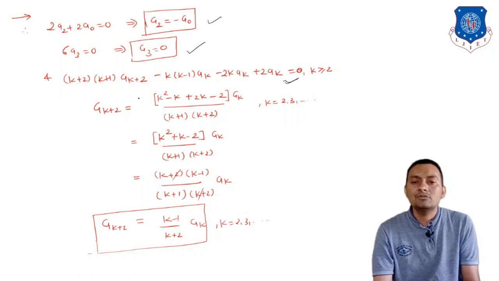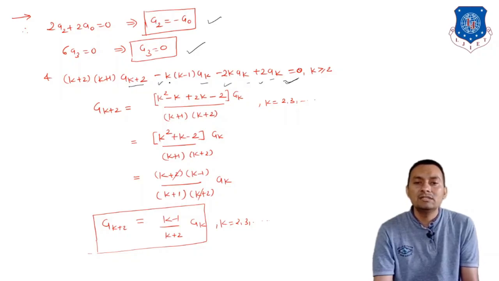So higher in terms of lower, so we have represented a k plus 2 is nothing but higher than the ak. So we can write just on the right hand side, so it will be plus, and this is going to be minus. So just multiply with this. So what I'm just writing is k plus 2, k plus 1, a k plus 2 equal to k times k minus 1 ak plus 2 times k ak minus 2 times ak.